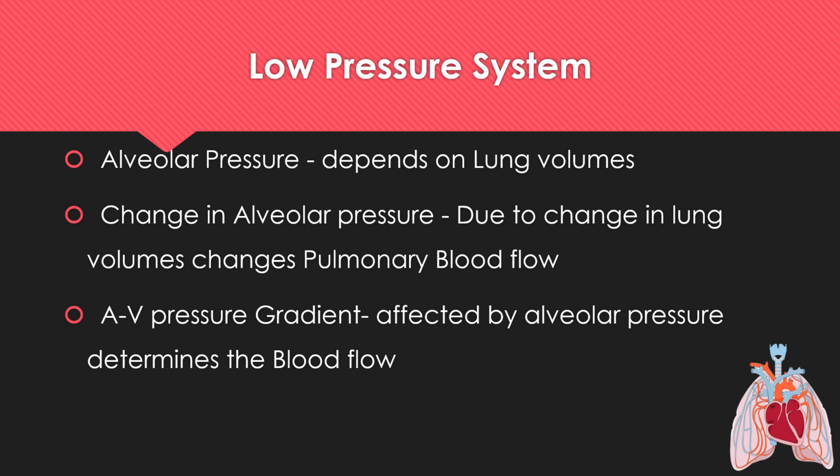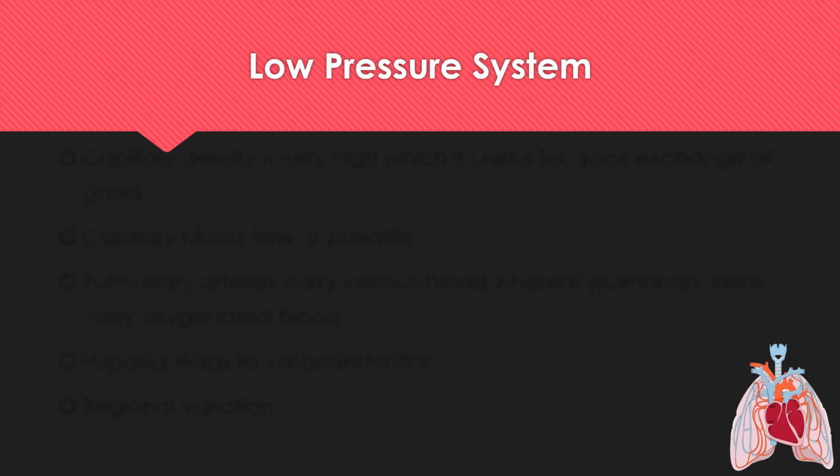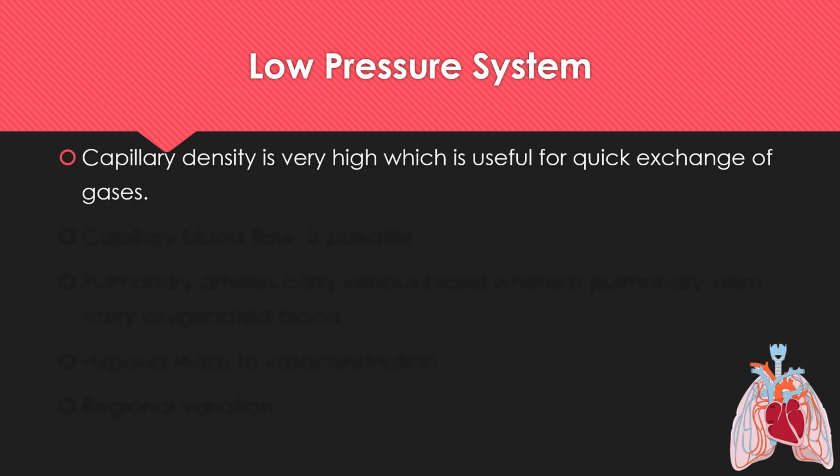The arteriovenous pressure gradient is affected by the alveolar pressure, and that also determines the blood flow. Capillary density is very high, which is useful for the quick exchange of gases. Capillary blood flow is pulsatile.